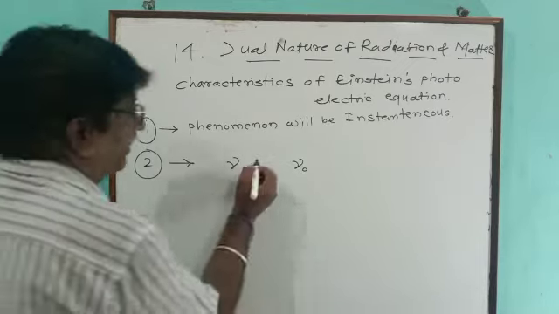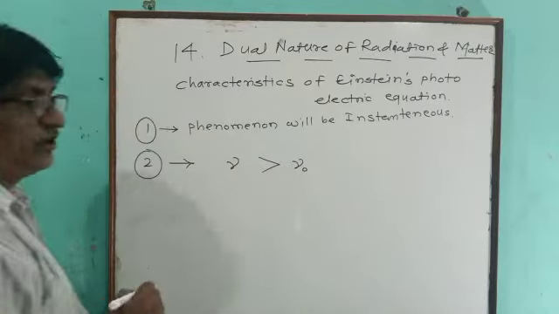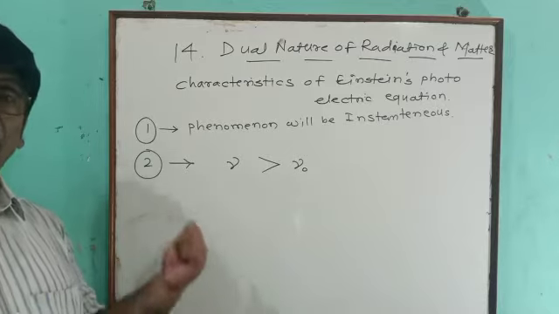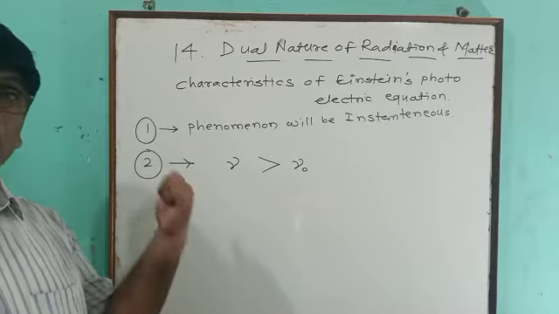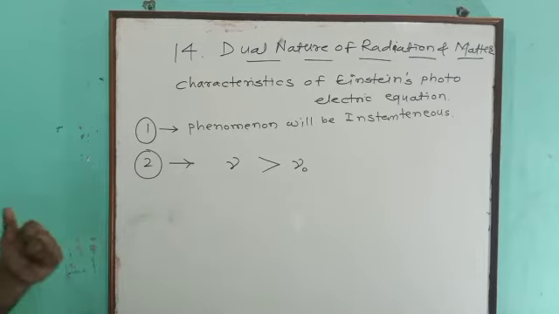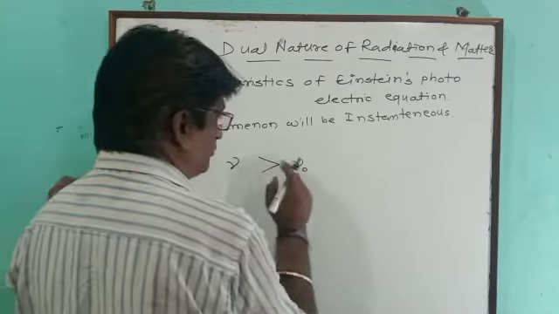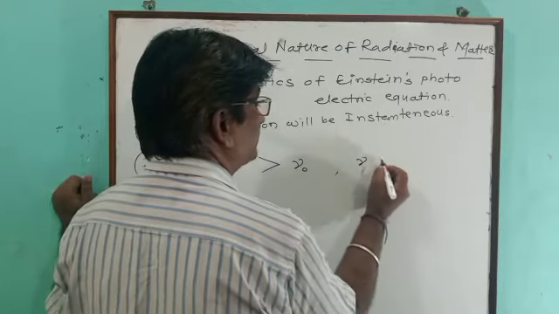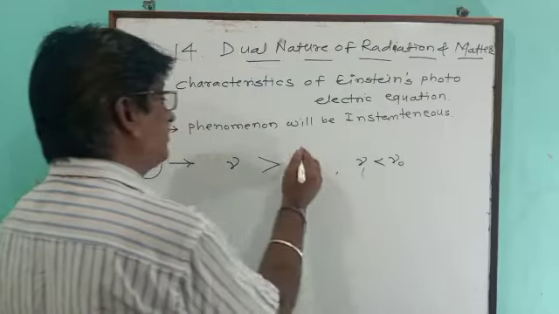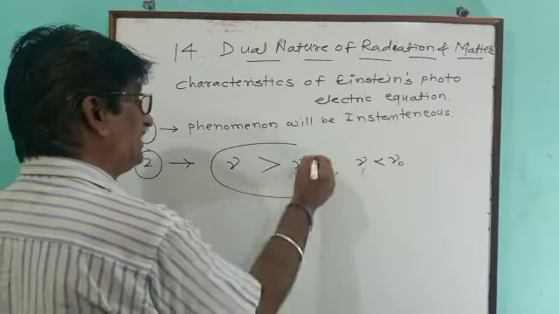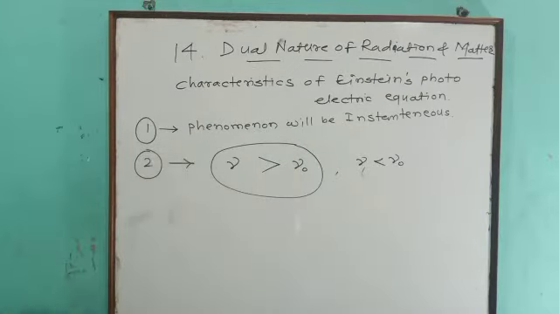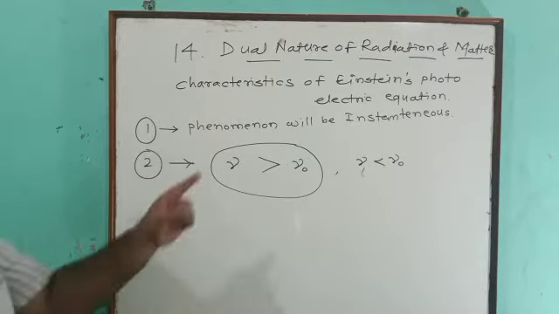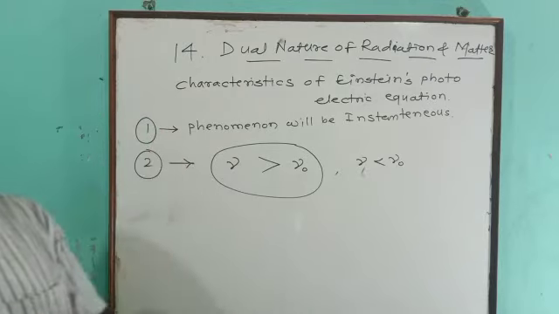The setup of photoelectric effect behaves differently when nu is greater than nu 0 or nu is less than nu 0. So first we discuss the first case, that is nu greater than nu 0. Nu is the incident frequency and nu 0 is the threshold frequency.